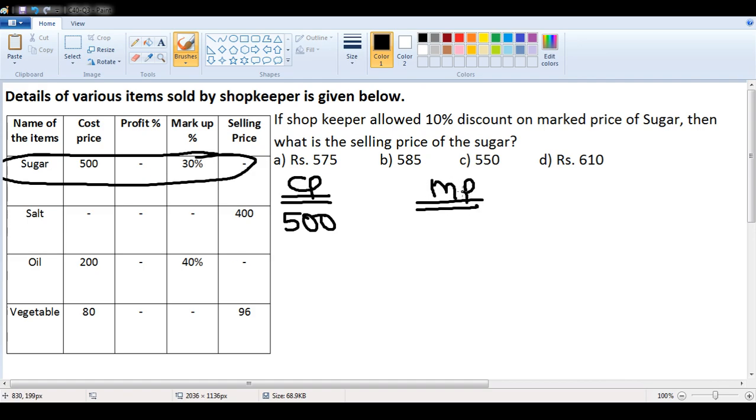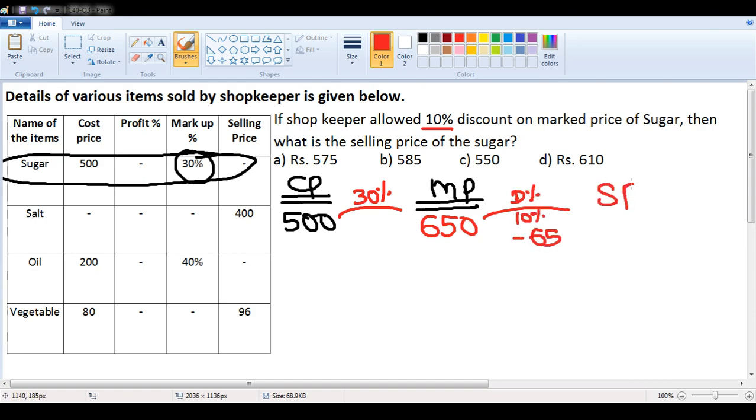They are telling that markup percentage is 30%. 30% of 500 is 150. So with a 150 increase, market price is 650. Shopkeeper allowed 10% discount, which is 65 rupees less. So selling price will be 650 minus 65, which is 585. Sometimes these kinds of easy questions will also come in the exam. Please do not assume that the examination will always have difficult questions.